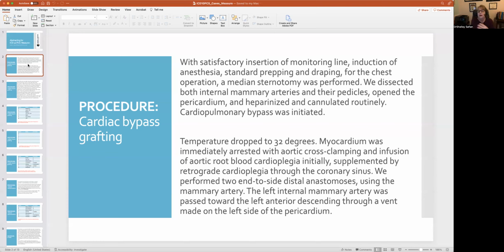Standard prepping and draping for the chest operation, a median sternotomy was performed. So what does that tell you? That tells you median, in the center; sternotomy, stern as in the sternum, otomy as incision into.